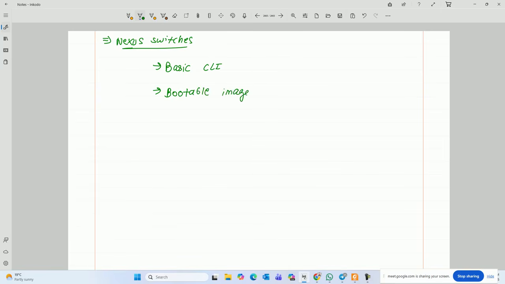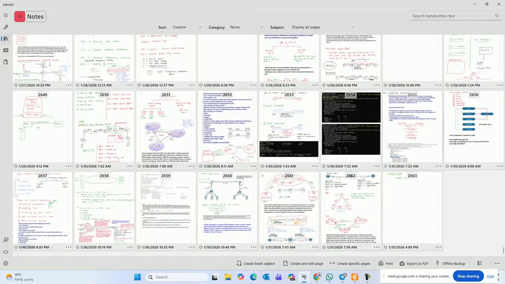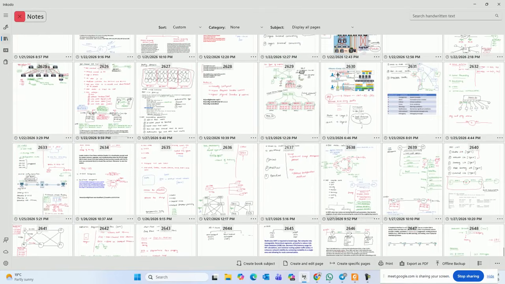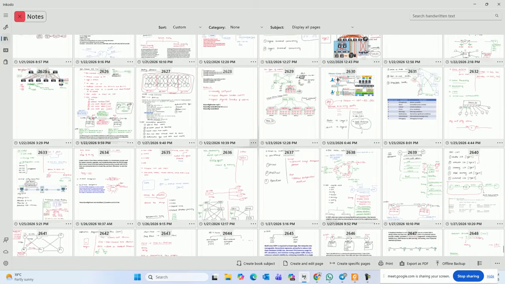By default, the bootable image is not set, so the device was going into loader mode, right? So then what we did, we also set the bootable image on our Nexus switches. Today we will be exploring the hardware part of the Nexus switches.